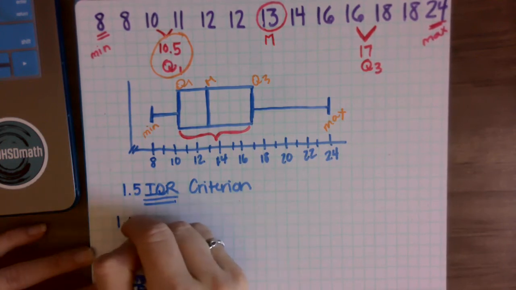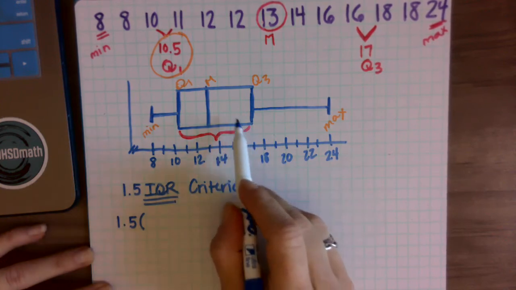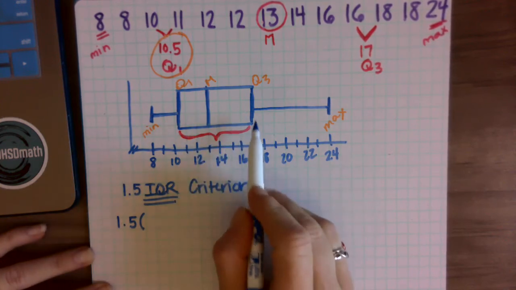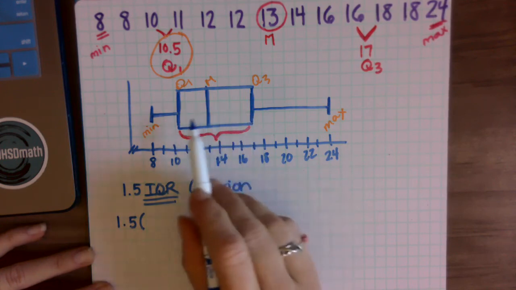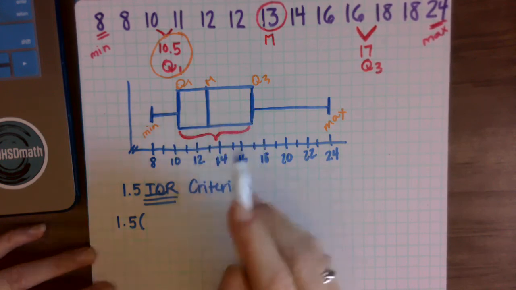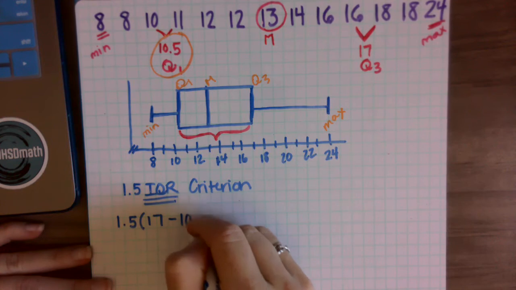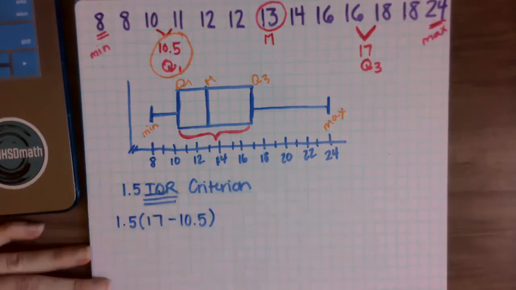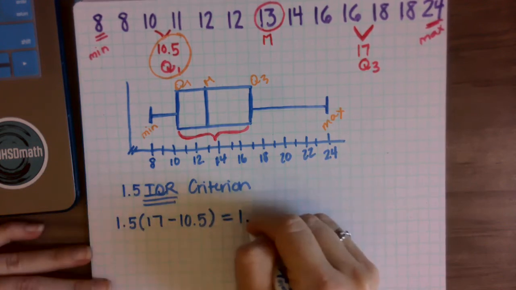I'm going to take 1.5 first and multiply it times my interquartile range. My interquartile range is going to be my Q3 minus my Q1. It's how many values this spans right here. So my Q3 is 17, and my Q1 is 10.5. So I'm going to take 17 and subtract 10.5, and that is 6.5.